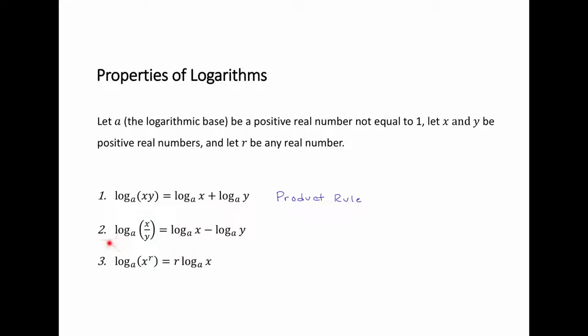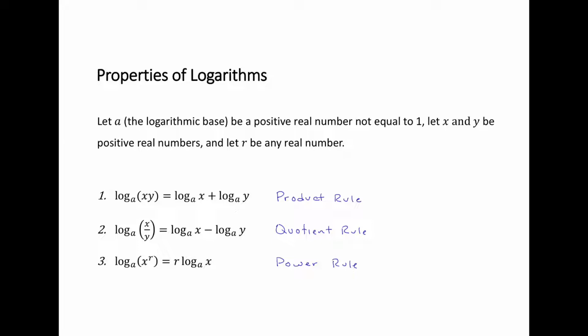The second property is what we call the quotient rule, and it's the log base a of x divided by y will be the log base a of x, which is the numerator, minus log base a of y. Again, this is the quotient rule. The last one is called the power rule. You do not need to know the names.